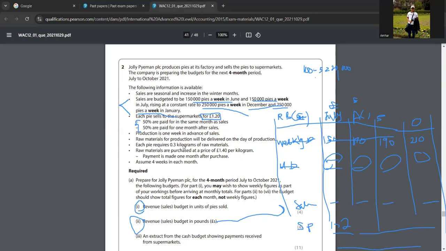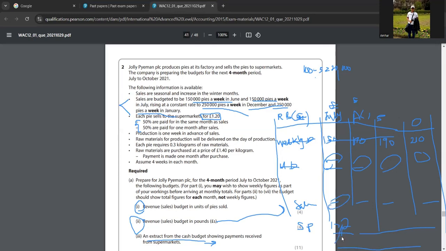After that, the 50% paid in the same month as sales is something you have to do when you are doing the third part, extracting from the cash budget. Only when you are doing that part do you have to look at that information. Did you understand? Yes, I understand. When we are doing the third part, I'll explain that to you.